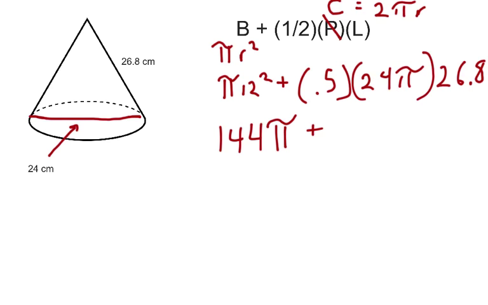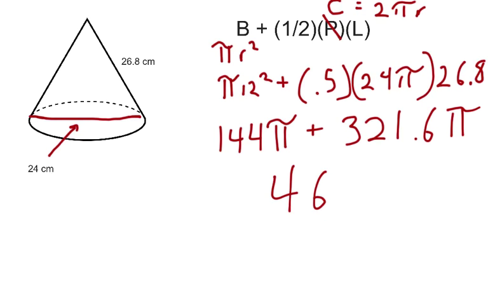And that gives me 321.6 pi. Next step, we're just going to add these up. And that should give you 465.6 pi, and this is centimeters squared.